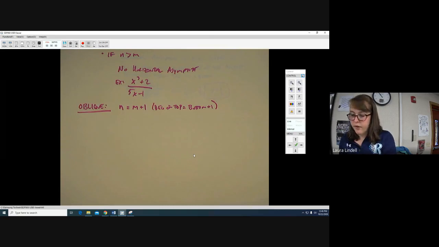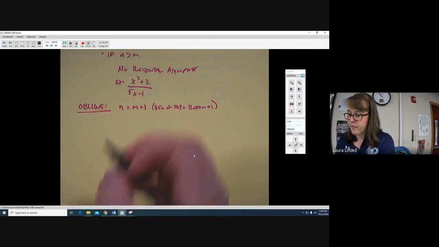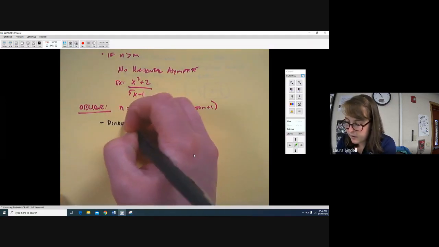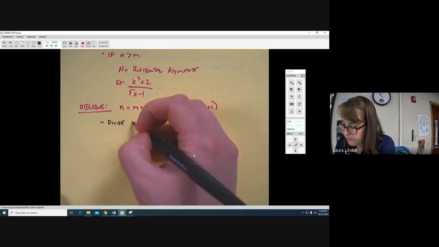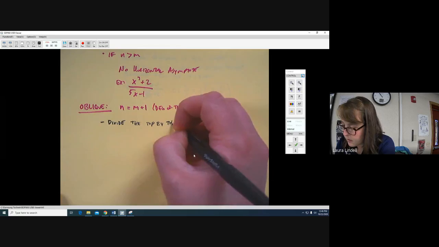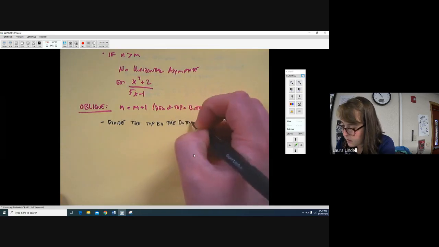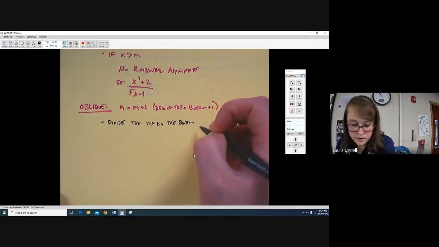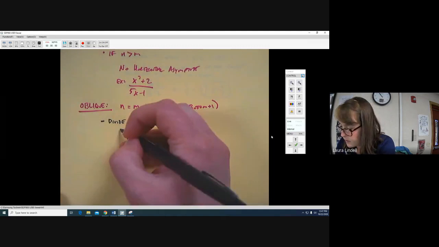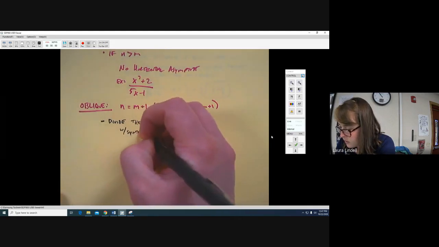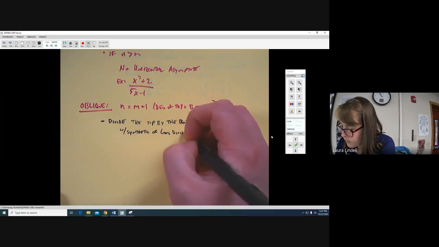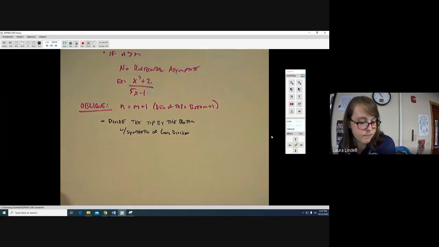So what you want to do to find your oblique asymptote is divide the top by the bottom. Divide the numerator by the denominator. You can use synthetic division or long division, whichever one you like better.